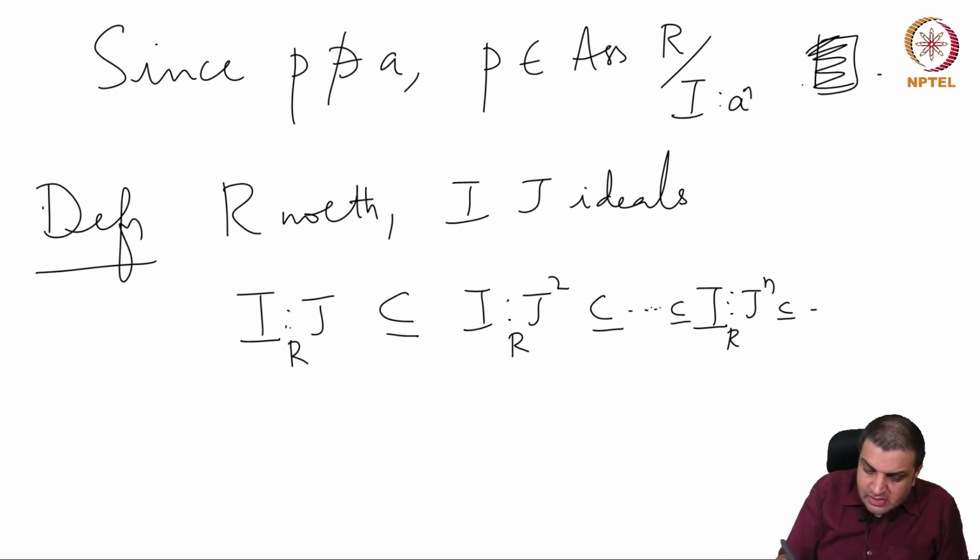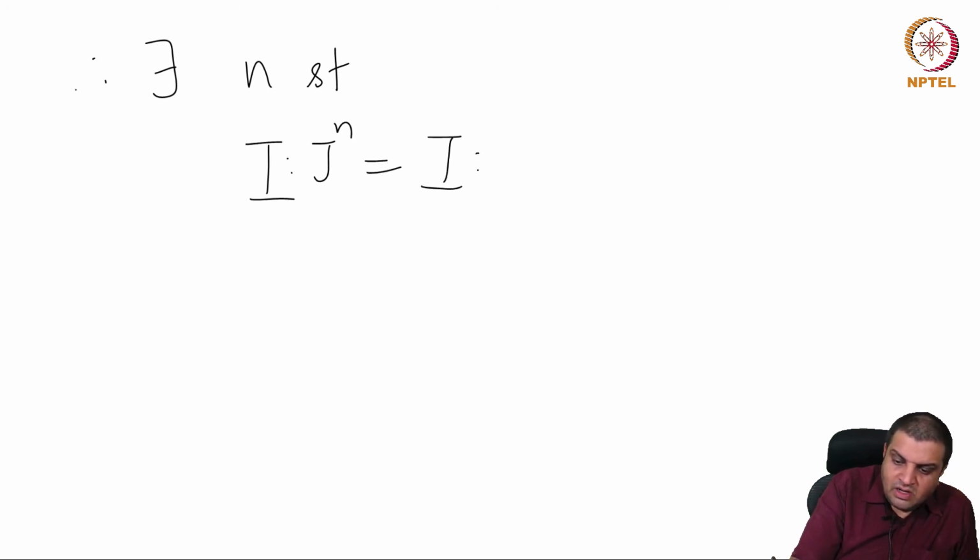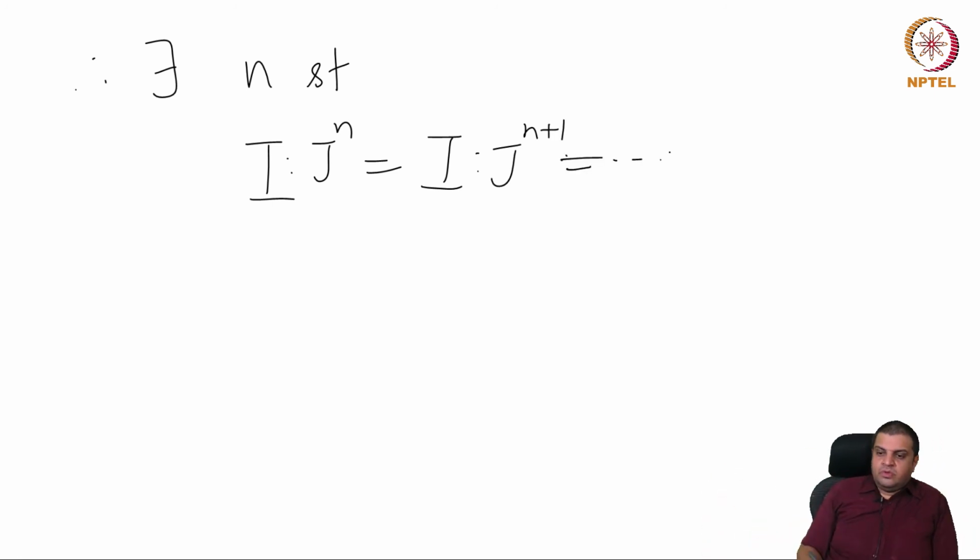So, it must stabilize. Therefore, there exists n such that I colon J to the n equals I colon J to the n plus 1 and so on. So, there is a stable value.